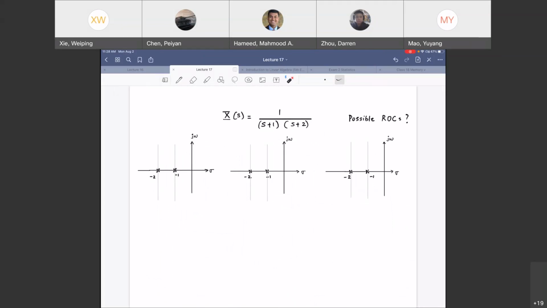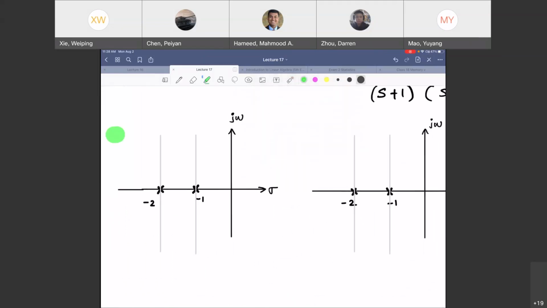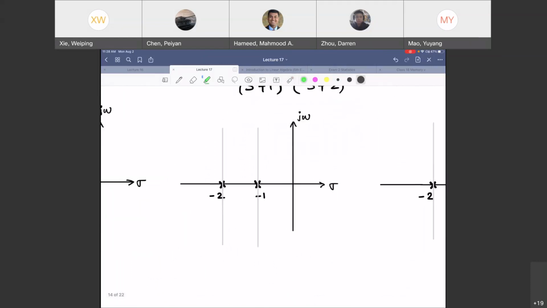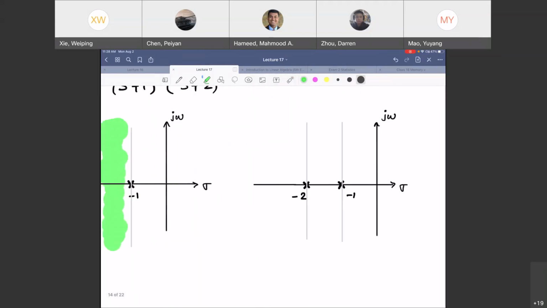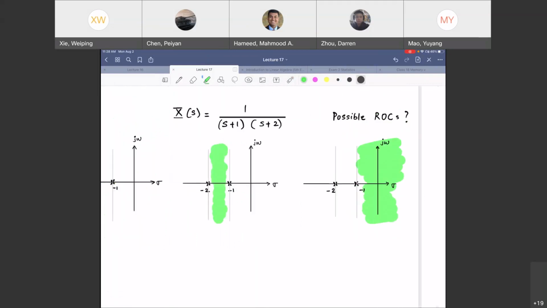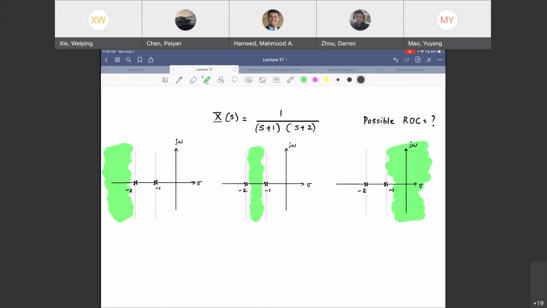What are the three possibilities? Left-sided signal over here. Next, a strip. Next, right-sided. Those are the three possibilities.